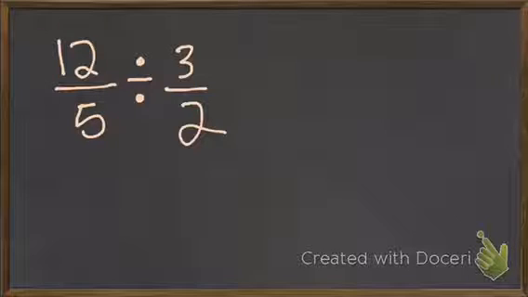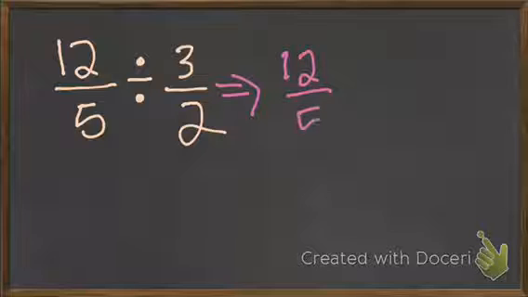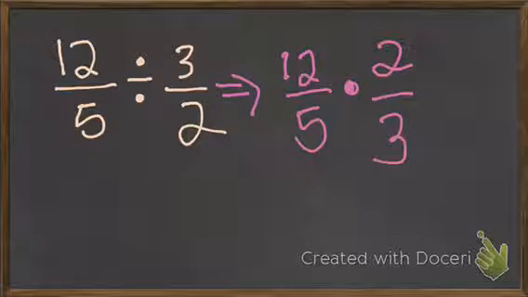So what do we do? We change them to multiplication, and you do this. Let's pay attention here. You keep the first fraction, you switch the sign to multiplication, and you flip the second fraction. Okay? And then you simply multiply.